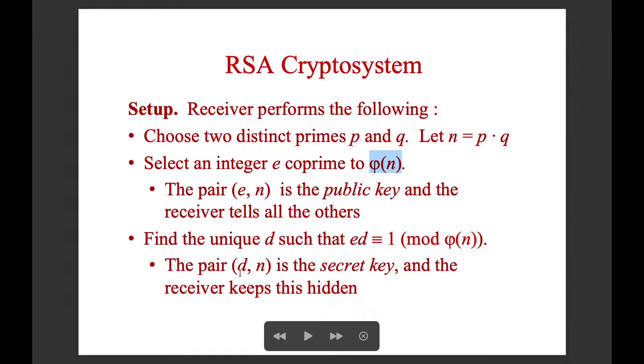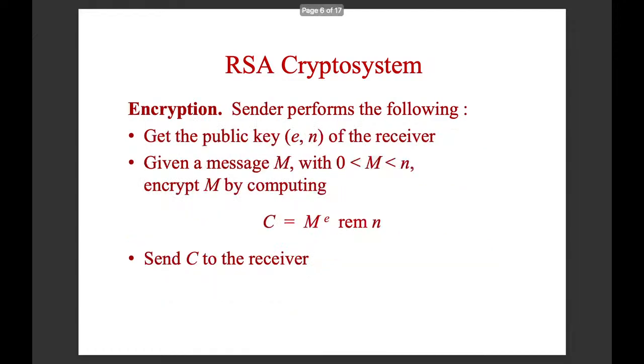Okay? Once this is done, the encryption process, turning a message into an encrypted code, is easy.